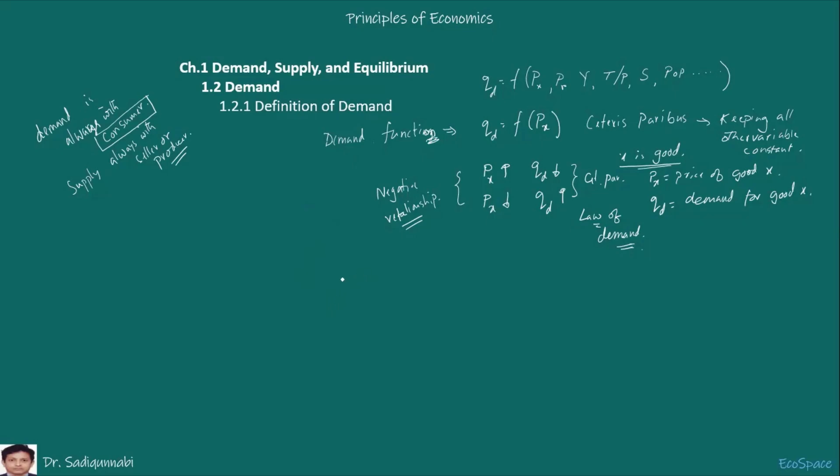So we can write the demand equation like this. QD is equal to A minus BP, or BPX.